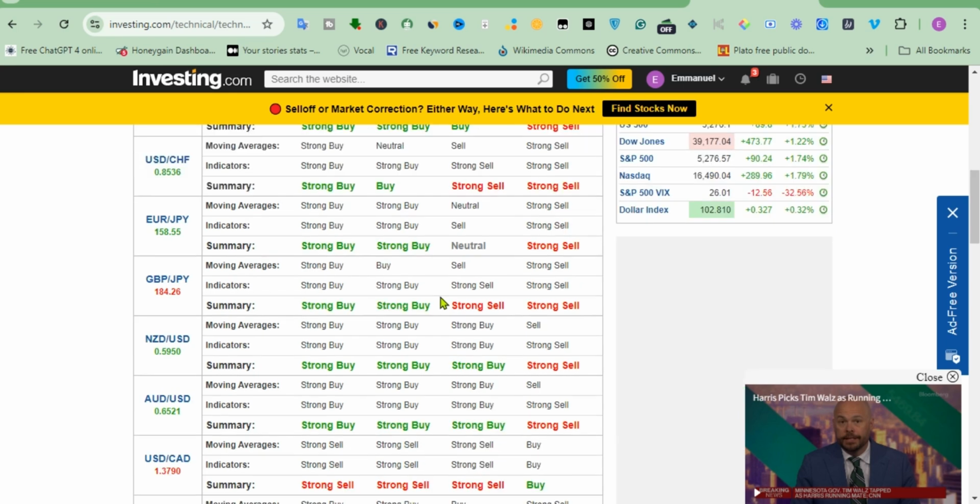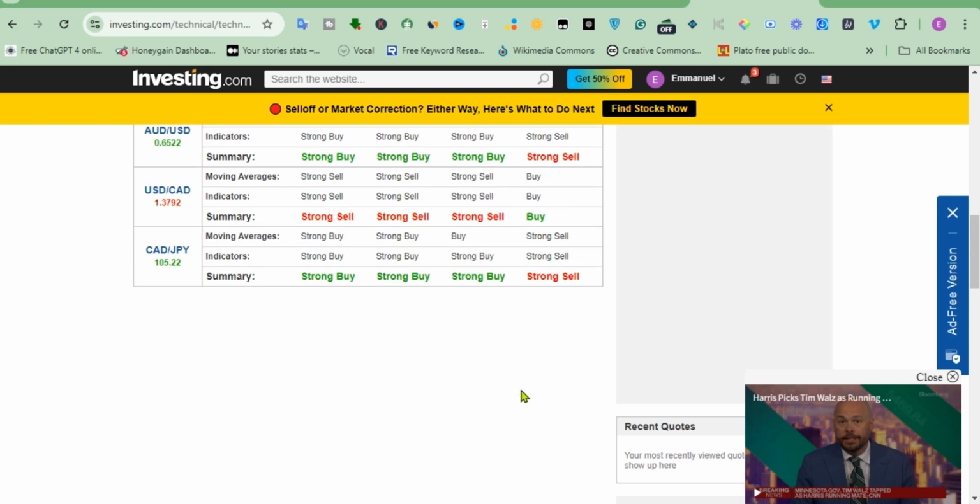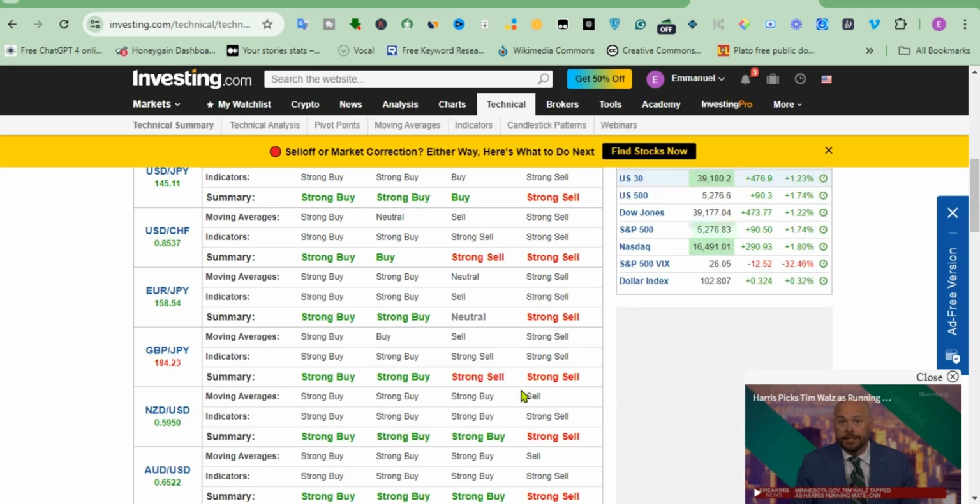I think this one is green, so you hold. You can see buy here also because only one green is showing. Sometimes even when you buy and one green appears, it will start dropping. When you sell and one green appears, it starts dropping. That's how it is. But it works better when it is all red or all green.